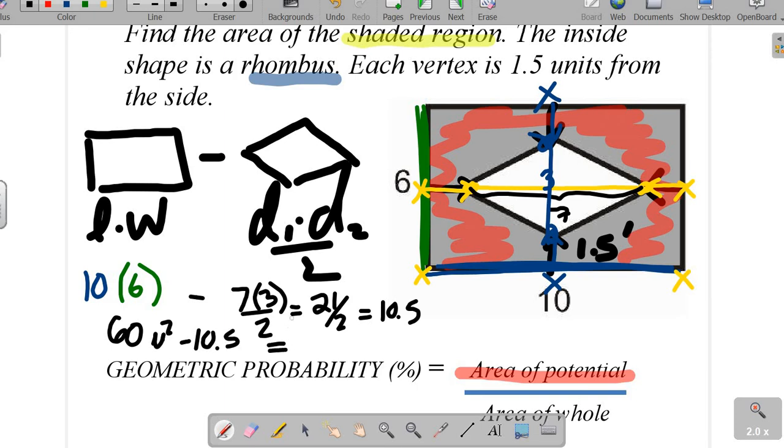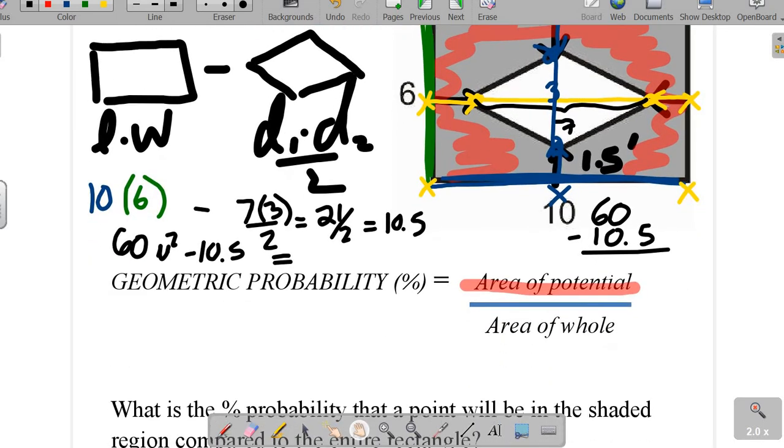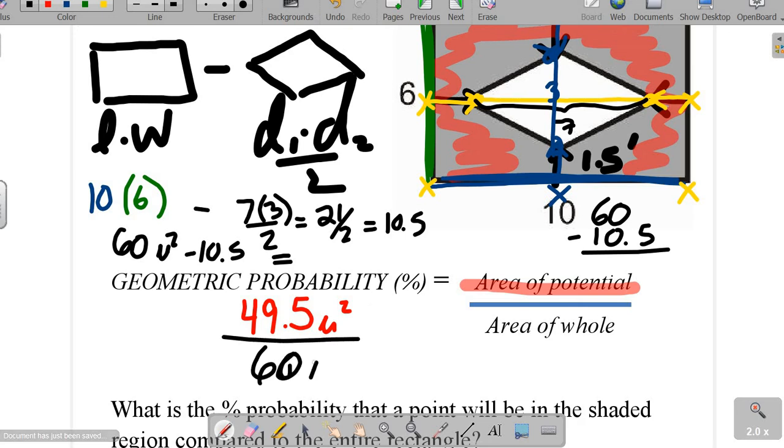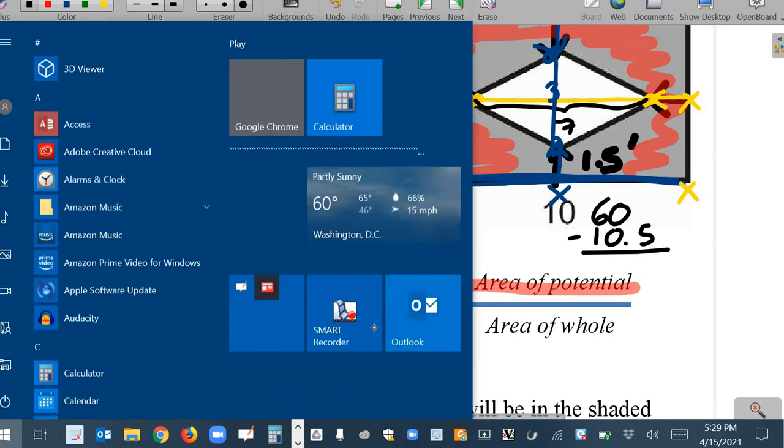So the area of the shaded region is 60 minus 10.5. That means the area of our shaded region is 49.5 units squared. The area of our whole is 60 units squared.